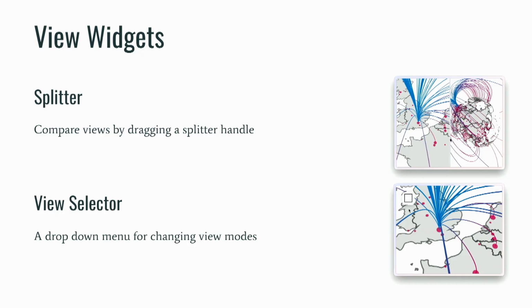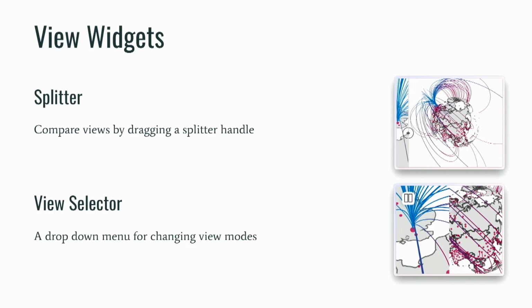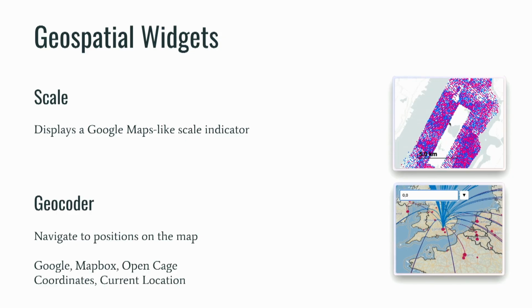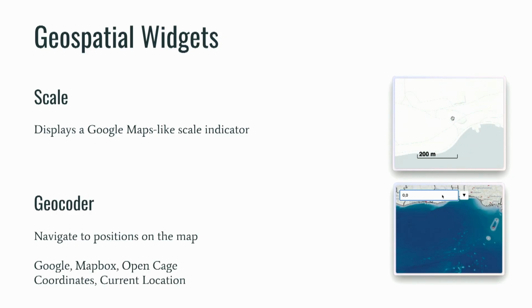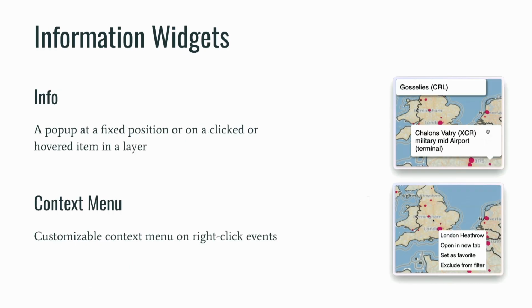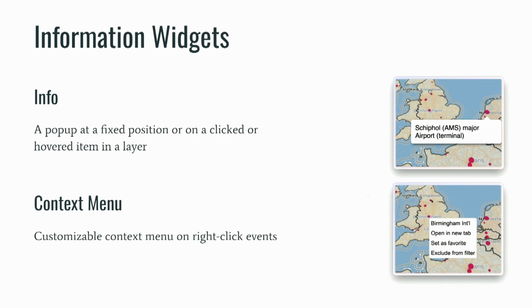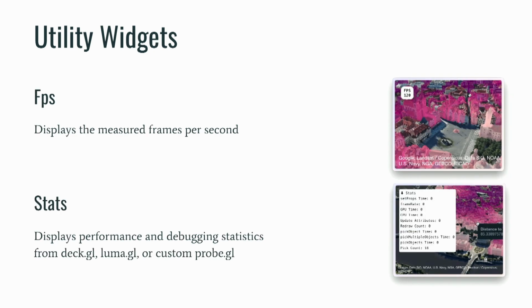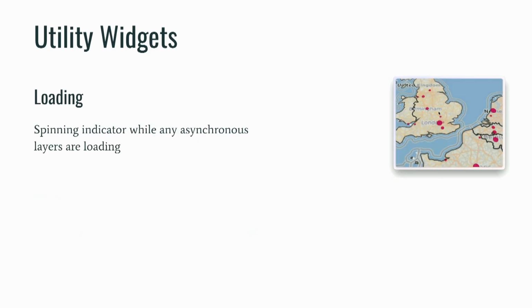Related to this is a view selector widget, which lets you swap between different views. A scale widget, a geocoder widget, an info widget, which is basically like a pop-up, and a couple of simple utility widgets, so taking a screenshot, changing the theme, an FPS widget, etc.